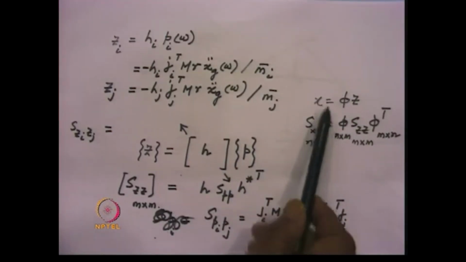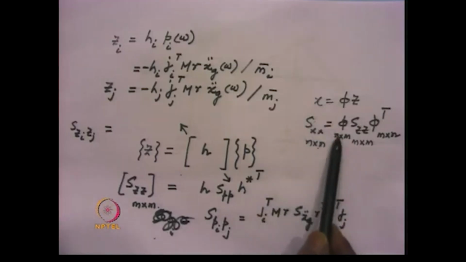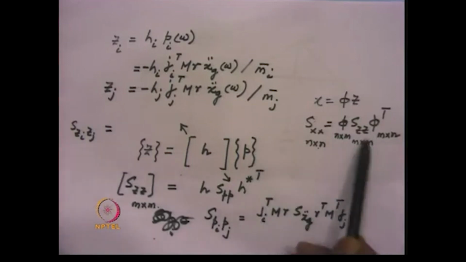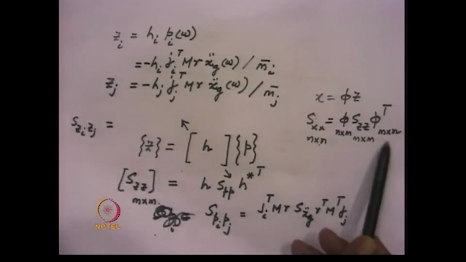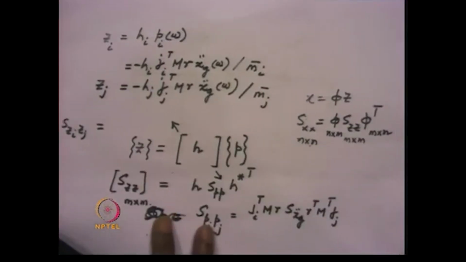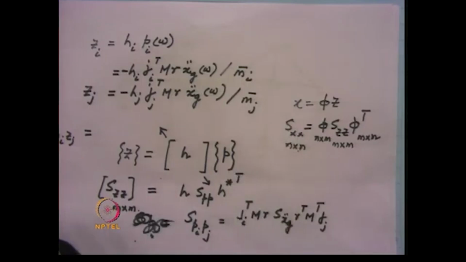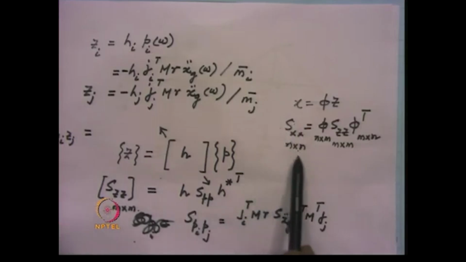Then S_xx will be equal to phi S_zz phi^T, and if we take only m modes, S_zz will be m by m, and phi and phi^T will be n by m and m by n respectively. We get the power spectral density function of the displacements in the structural coordinates, with matrix size n by n.